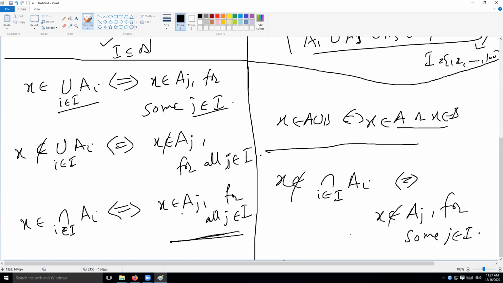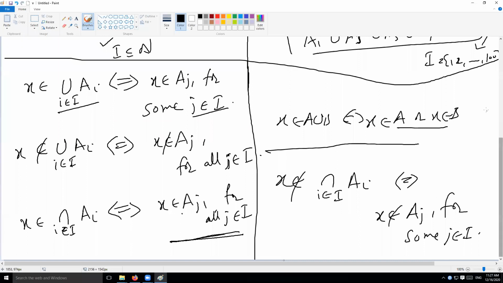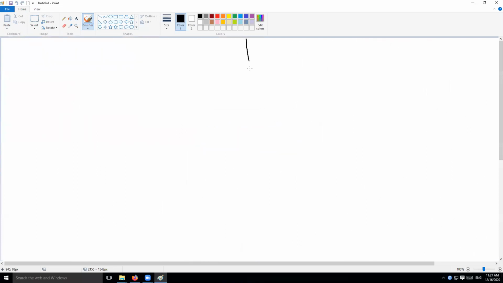These are the terms and the notation that you have to use in proving your required identities. Let me prove at least one or two identities with this notation, and then you can do the exercise.